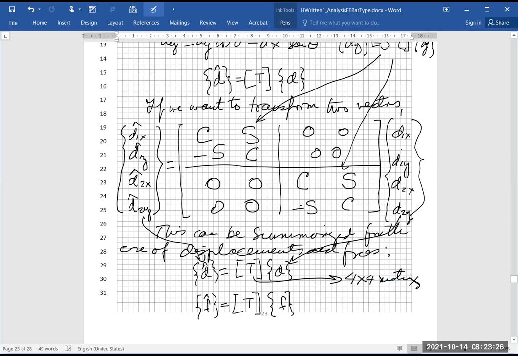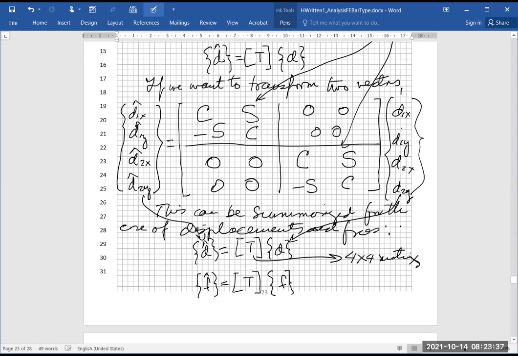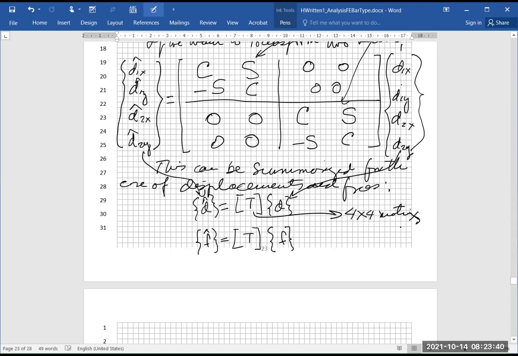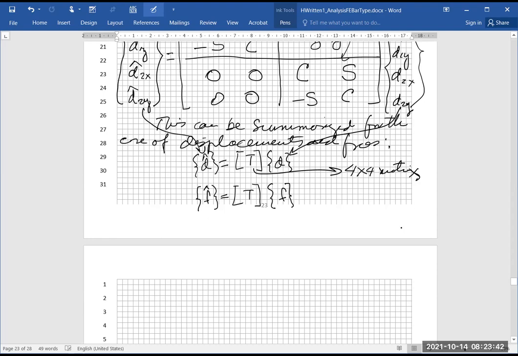See, originally for our bar, the relationship was just 2 by 2. Now we are getting closer to more real applications with this increased complexity of the problems.